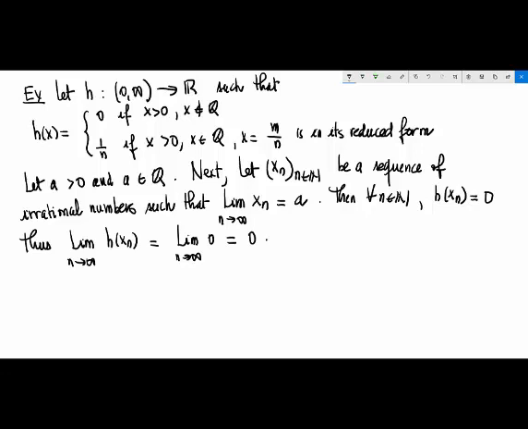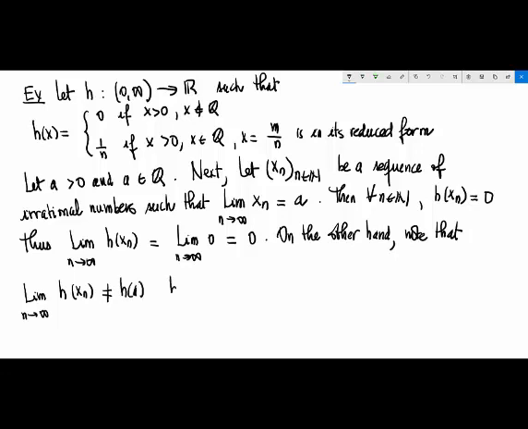Now, on the other hand, note that the limit of h of xn as n is approaching infinity must not be equal to h of a, because h of a is a strictly positive number.